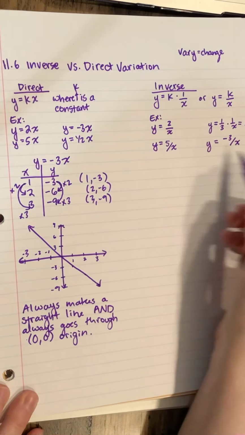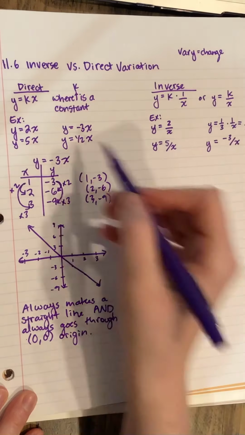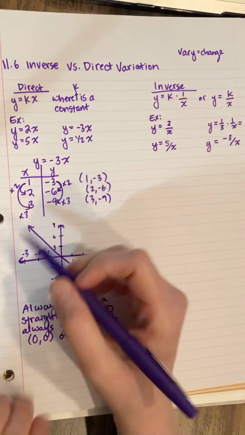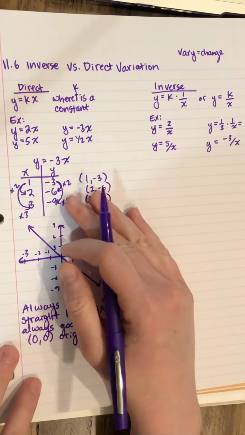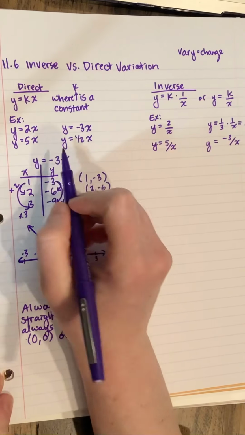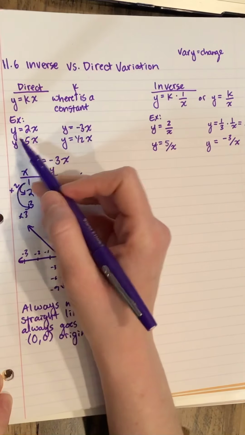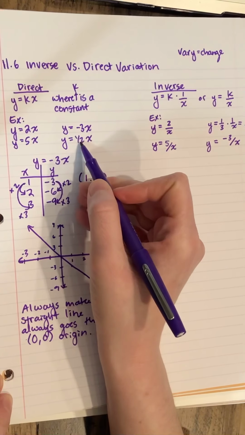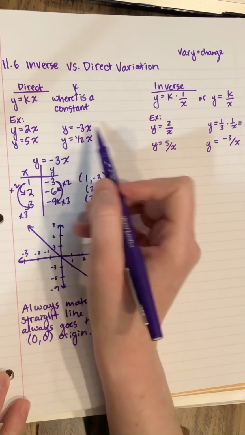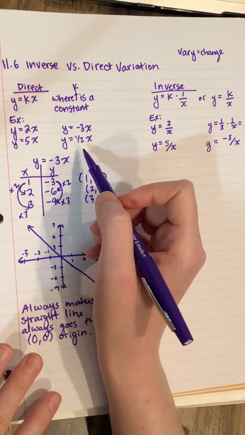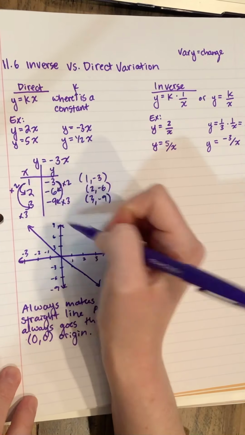Looking at these equations versus the direct ones, the starkest difference is that in this case, there are no fractions. Everything's on the numerator unless you have a fraction as your k term, and it makes a straight line.